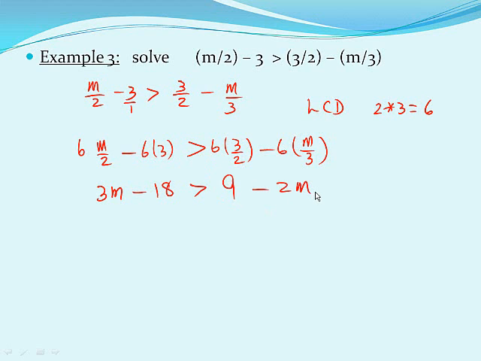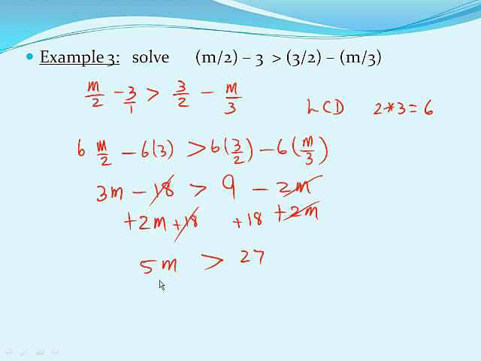So now we can add 2m here, and add 2m on the other side. This cancels. Add a positive 18, so negative 18 and positive 18 cancel. We get 5m is greater than 27.